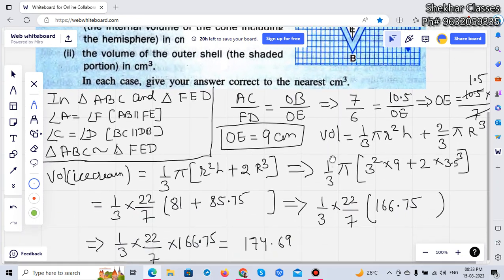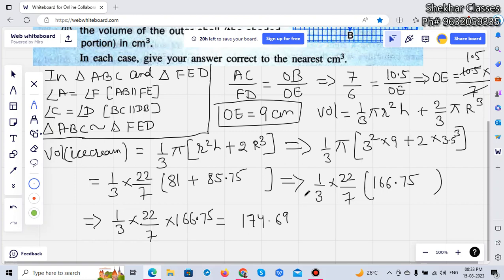Anyway, give answer correct to nearest centimeter cube. So we can say 174.7 centimeter cube, or you can take it as 175. It's not mentioned nearest centimeter cube.